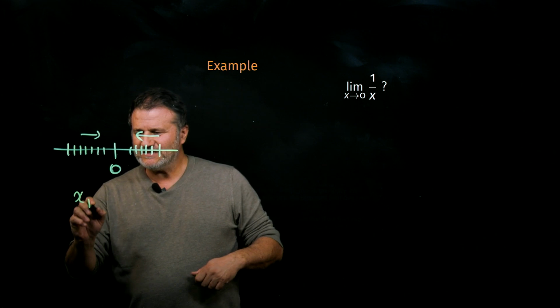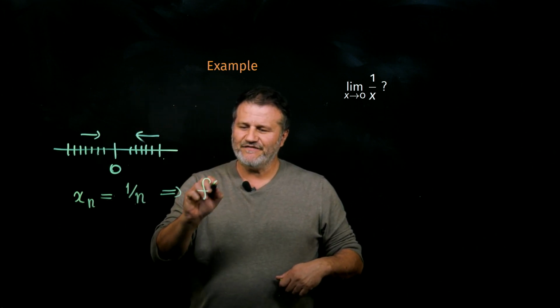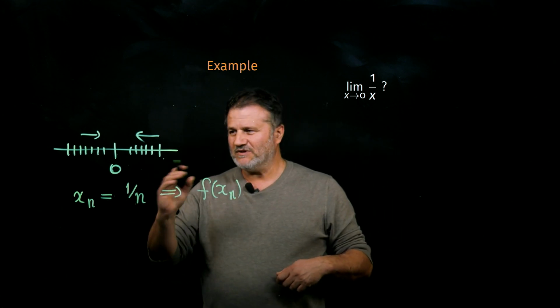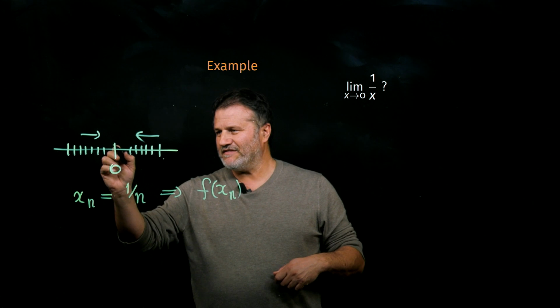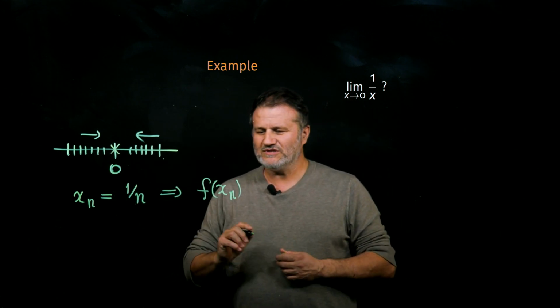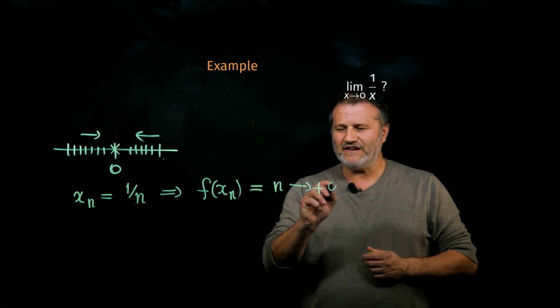If I pick the sequence xn equal 1 over n, and I evaluate the function f on this point xn, this is, by the way, a sequence contained in the domain, which is everything except 0. So we are in the domain, it goes to 0. But f of xn is equal to n, that goes to plus infinity.